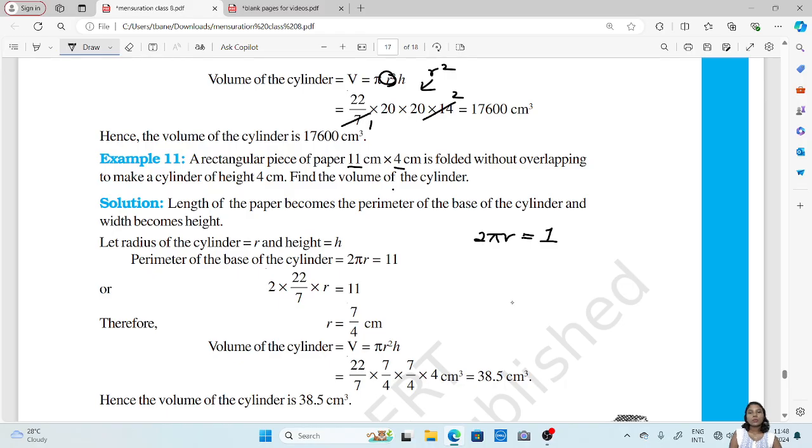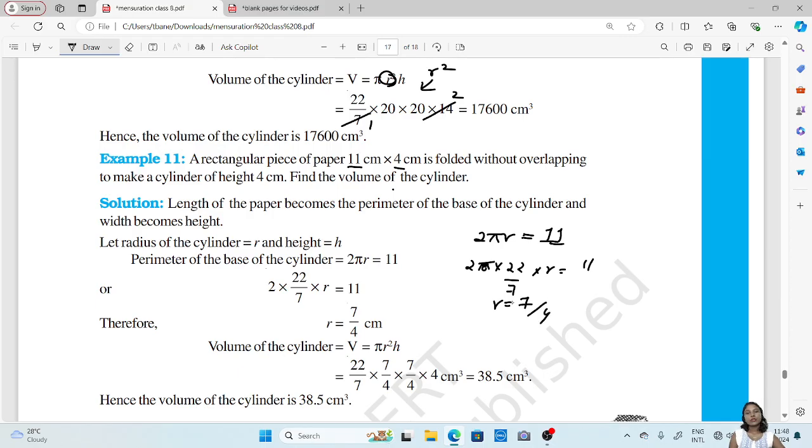So now you directly substitute and you find r over here. So 2 into pi, which is 22 upon 7, into r, which you have to find, and that answer is 11. So you get r as 7 by 4.